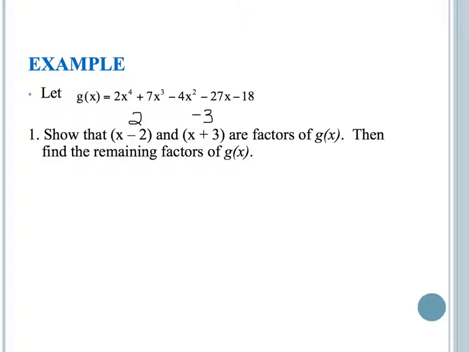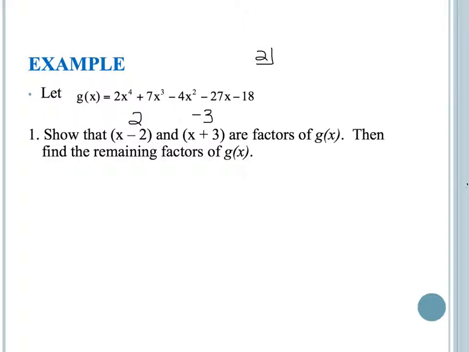And our goal is to use those two values to take our fourth degree polynomial down to a second degree polynomial, so we can then use either the quadratic formula or factoring or whatever other methods we know how to solve a quadratic equation and find the other factors or roots or zeros of g of x. So let's see what we can do with 2 in our synthetic division.